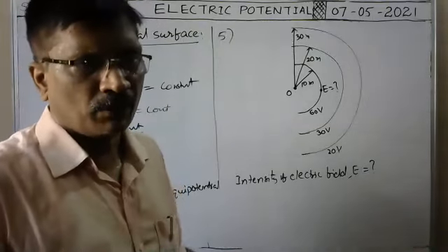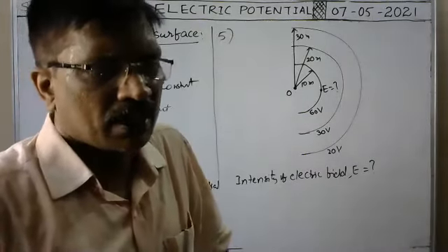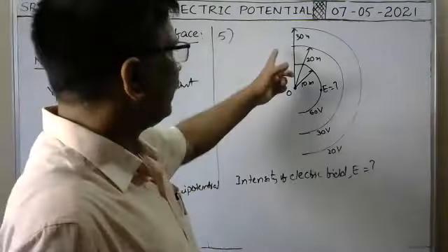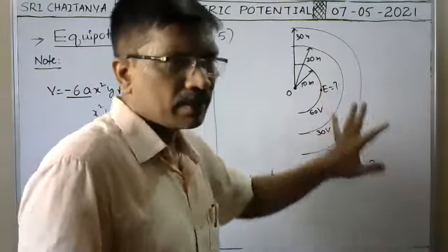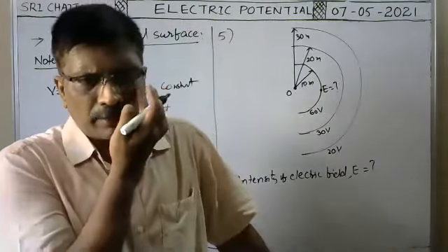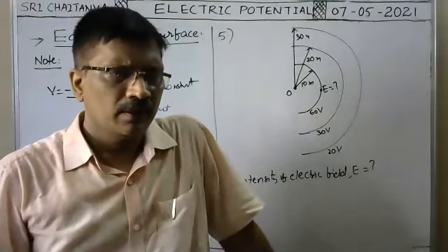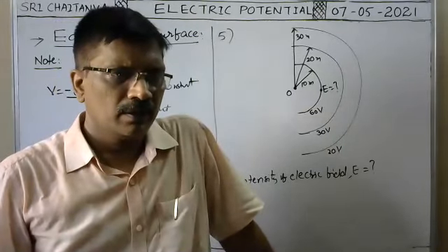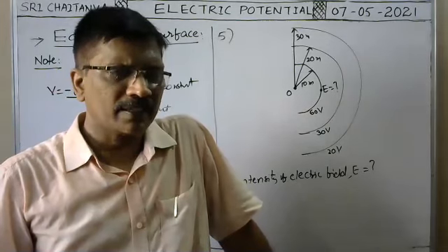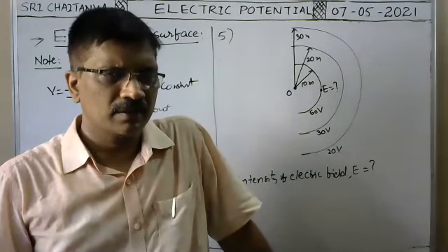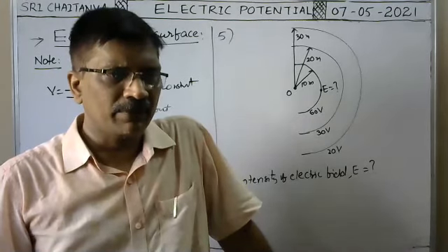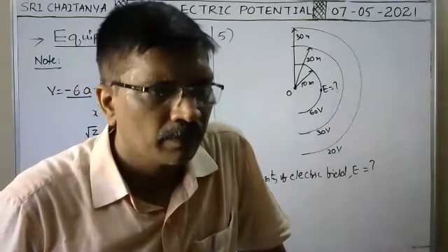That is the question. First of all, you tell me these are the equipotential surfaces. Based on this, is the electric field uniform or non-uniform? Tell me first.